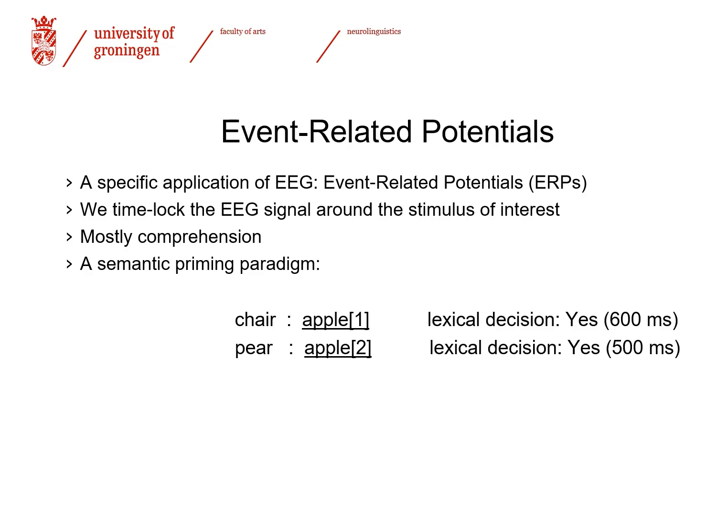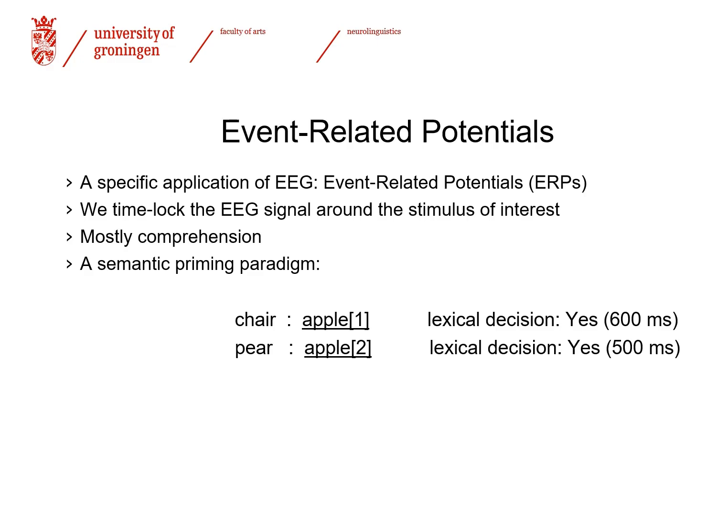Now, we can measure this with reaction times, but we can also do this with event-related potentials. How? We have a person do this experiment, their EEG is continuously recorded, but we send small pulses into the signal that are going to denote the visual onset, so the onset of the word apple on the screen. So in the continuous EEG recording, we are going to see markers that are going to tell us, okay, this is the onset of apple 1 and this is the onset of apple 2.